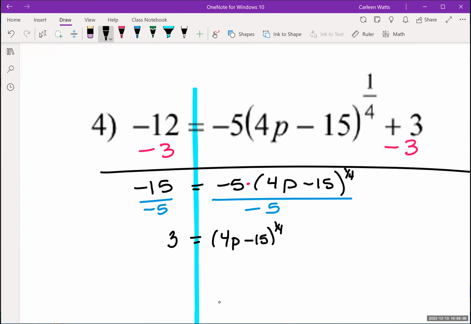All right. Now I need to get rid of, oh yeah, we are not worried about typos. I need to get rid of the 1/4 power. So I'm going to raise both sides to what power? What power is the opposite of the 1/4 power?